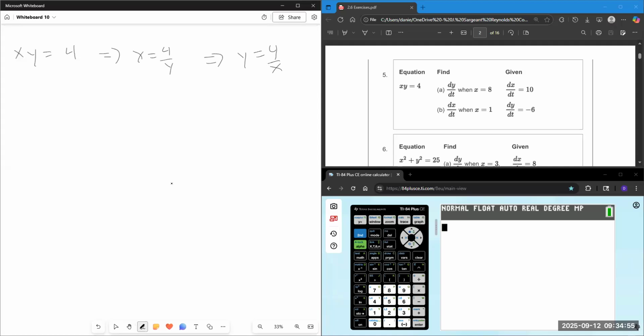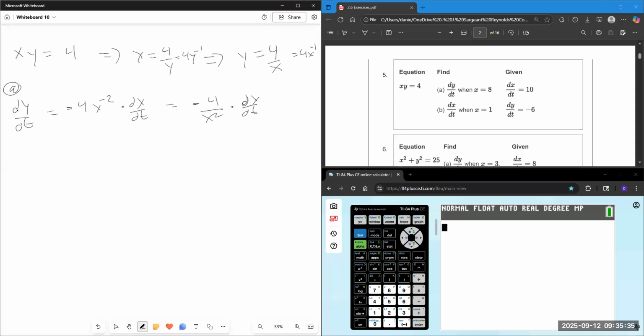If I want to find dy/dt, I'll differentiate this last one here. dy/dt is equal to, and I'm going to think of this as 4x to the negative first. So that's going to be a negative 4x to the negative second times dx/dt, or that's a negative 4/x squared times dx/dt.